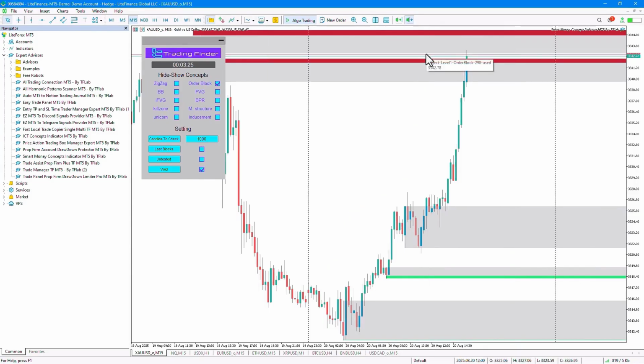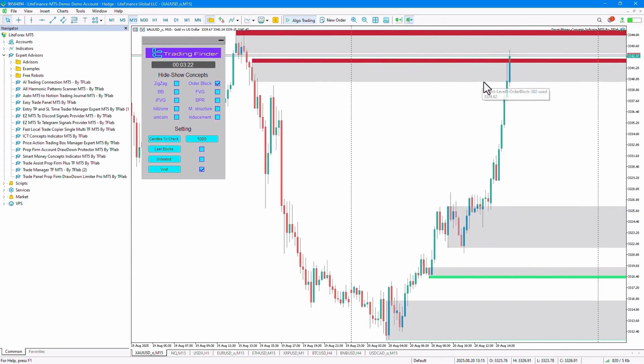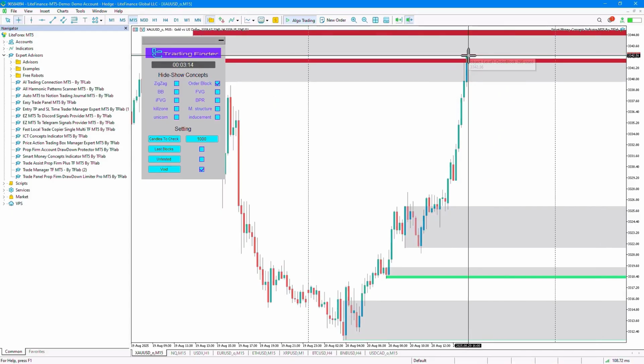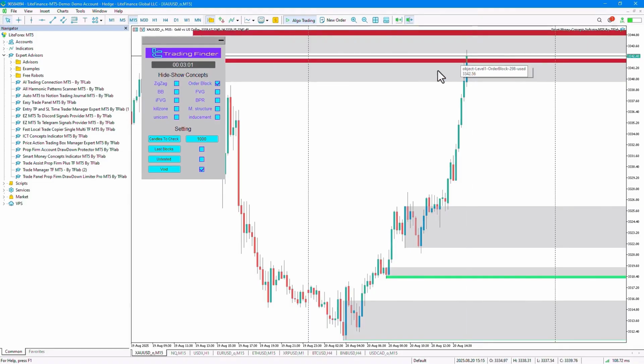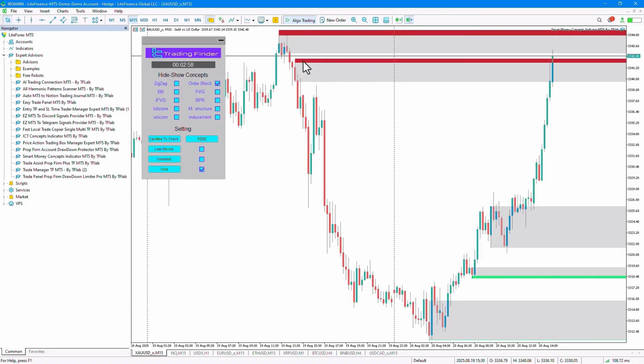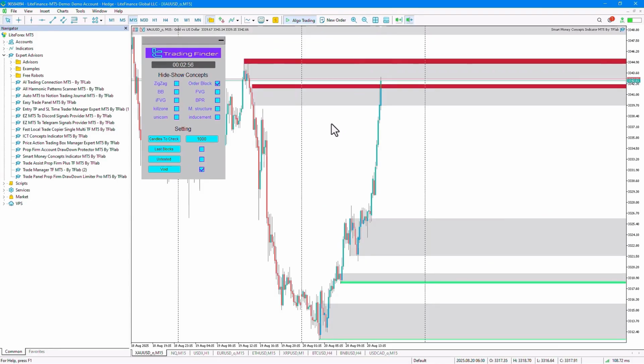If the price manages to close above the zone, the order block zone will become invalid, be removed from the chart, and be identified as a bullish breaker block zone. However, if the candle does not manage to decisively close above the zone and instead returns toward and deeply inside the zone, it will have completely consumed the entire zone, but the underlying order block zone will not be considered invalid in its fundamental structure.